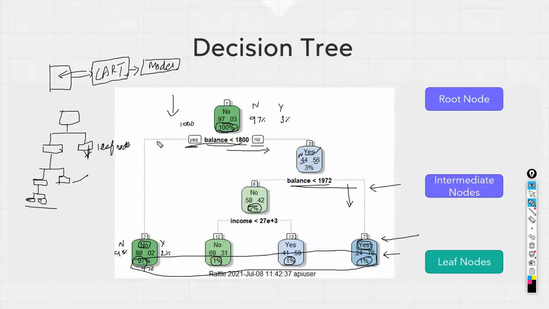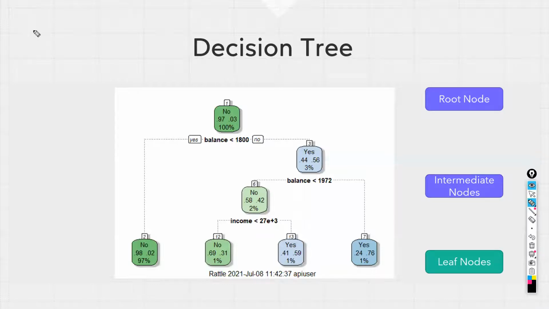Entropy is generally measured like this: Entropy = minus sigma i equals 1 to K of p_i log of p_i.